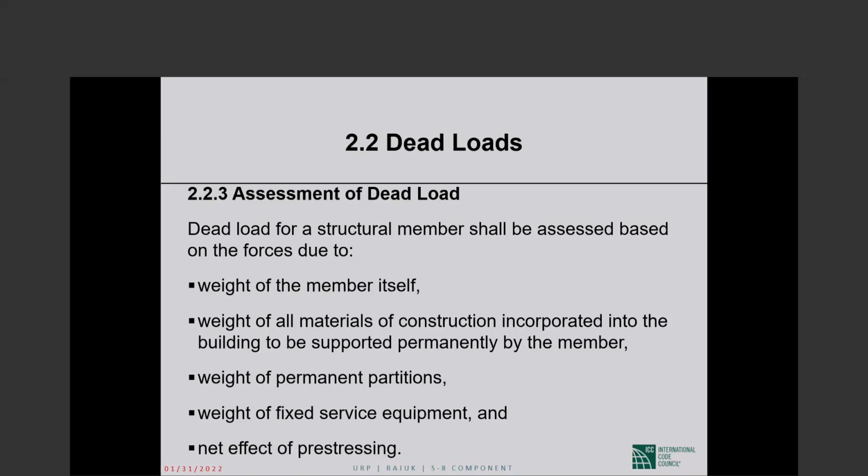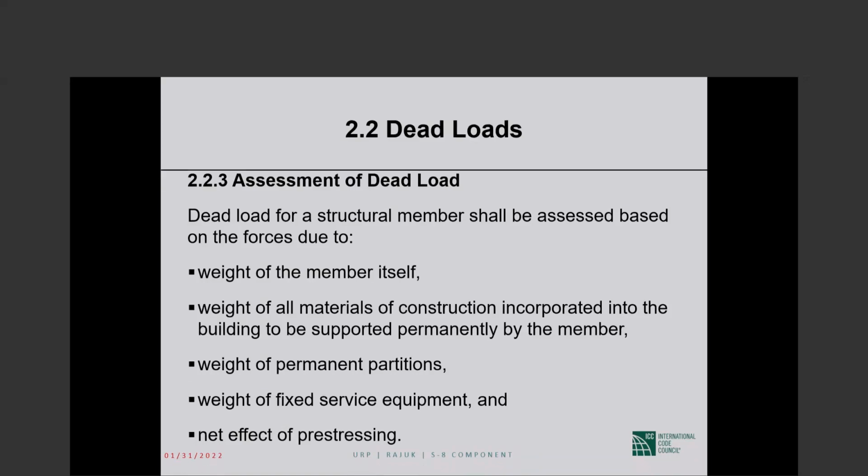Pre-stressing does act as negative dead load much of the time, if not all the time. But that is accounted for in the design of the member. I do not know that we include it in dead load calculations. So I do not quite know what the writers had in mind.